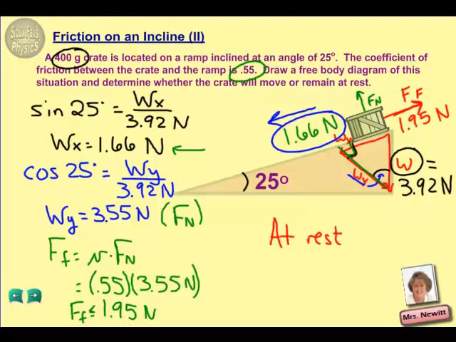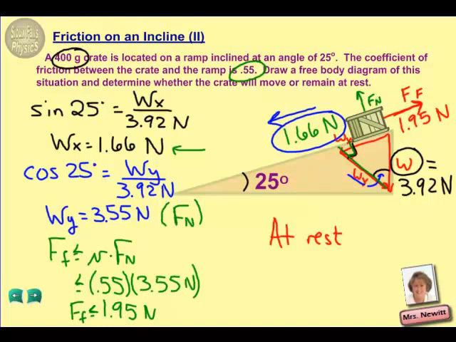when you do the force of friction, technically these all should have been less than or equal to signs. So the force of friction is less than or equal to 1.95 newtons. 1.95 is the maximum friction we could have in this case.